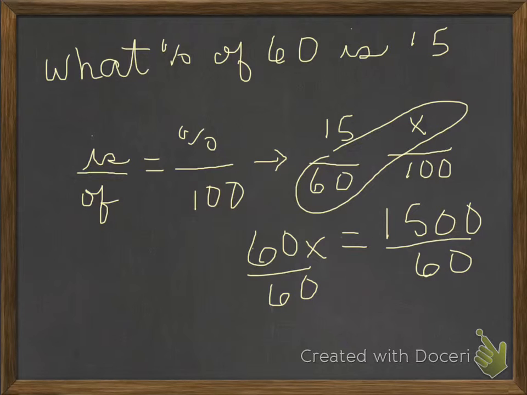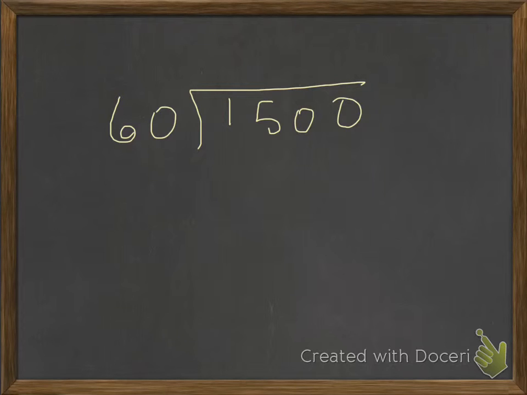Okay, so let's divide that out. I have 60 divided into 1,500. Now, you know 60 can't go into 15, but it can go into 150 2 times. 2 times 0 is 0. 2 times 6 is 12. Now, of course, we subtract. Bring down the 0.